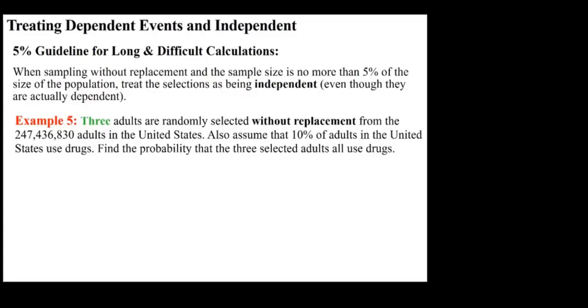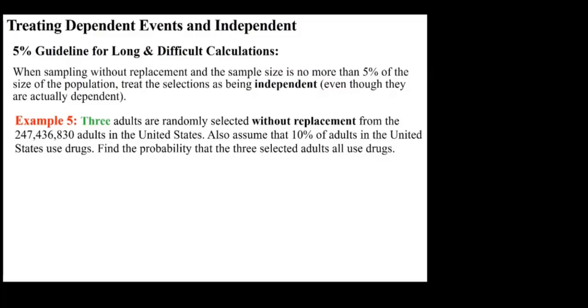So this is actually the explanation of that 5% guideline. And again, that's not a 5% that everybody uses, but just to give you an idea. The fact of the matter is that you're only using 3 adults, which is a lot less than 5%. Although this is without replacement, and therefore you are dealing with a dependent event.